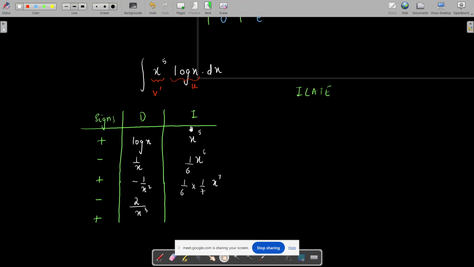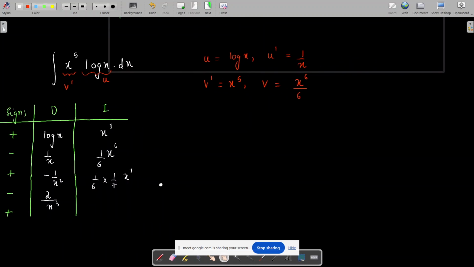So in those cases where you're not able to get 0 in the derivative column, we won't be able to use the tabular method. In those cases, we will use integration by parts. So now, using integration by parts, our u is log of x. So the derivative of u becomes 1 over x, and v prime is x to the power 5, so its antiderivative v becomes x to the power 6 over 6.